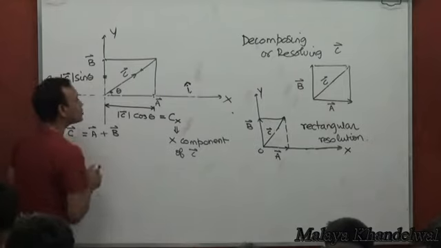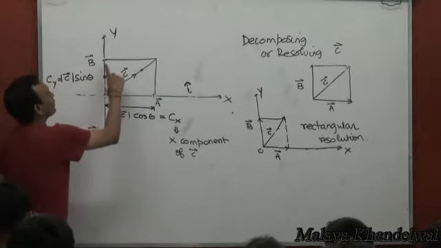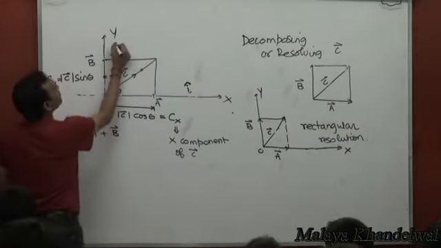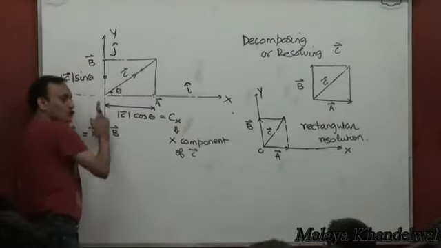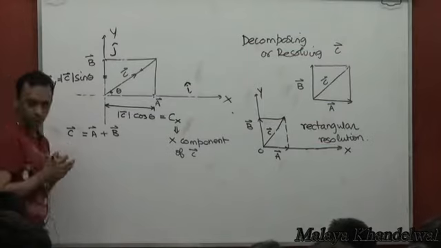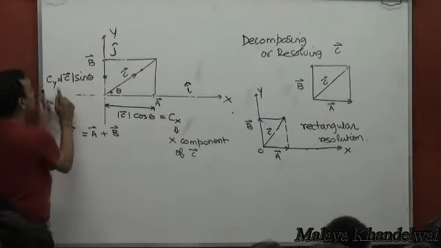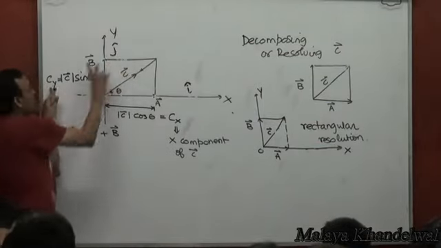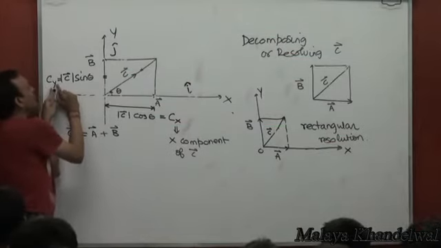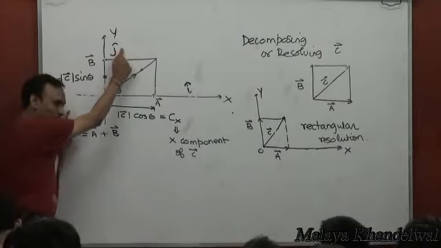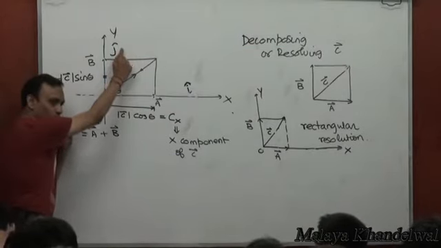Right? So, if j cap is a unit vector in this direction, then the vector B is of magnitude Cy. So the vector B could be looked upon as Cy into a unit vector in this direction, yes or no? Right?